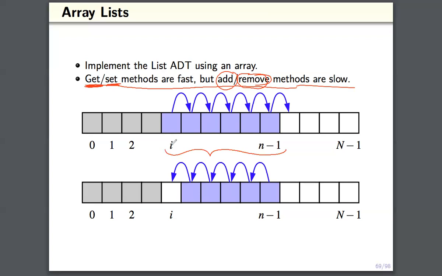Adding at the ith position requires shifting all these elements. Deleting at the ith position requires you to shift all these elements one step to the left. So in the worst case, it is n. So O of n time for add and remove, but O of 1 time for get and set.